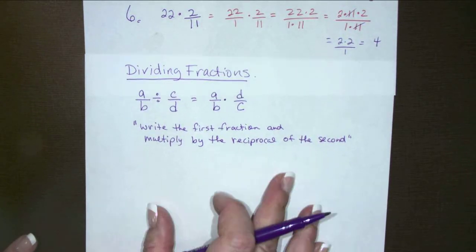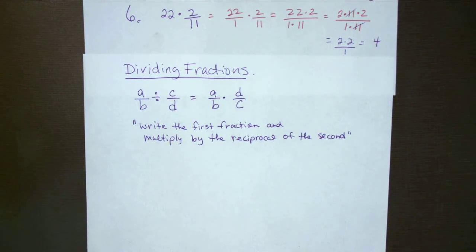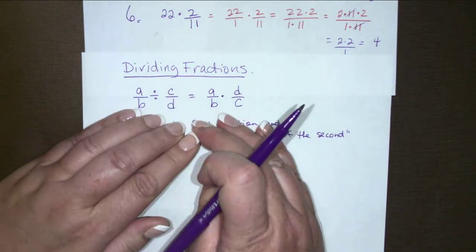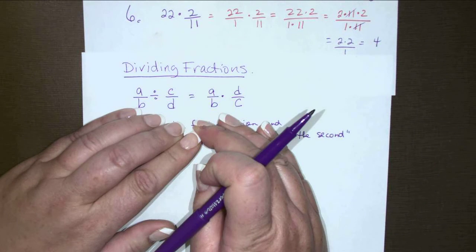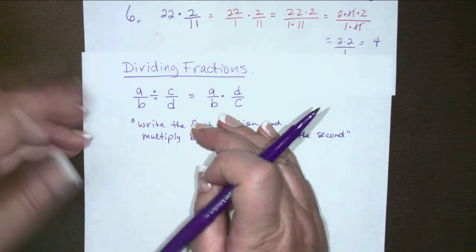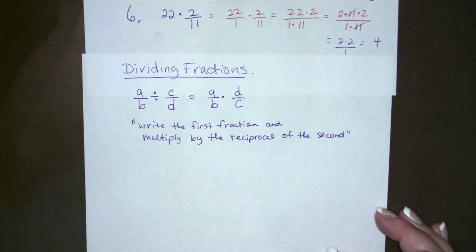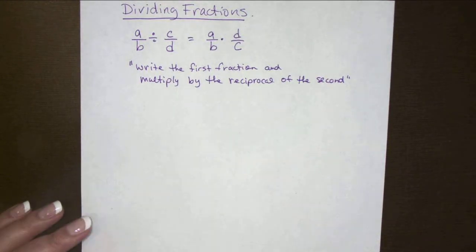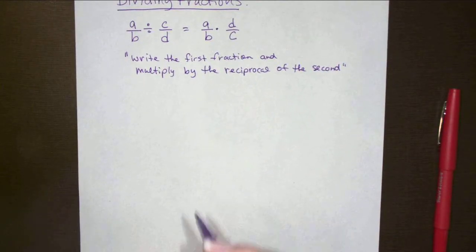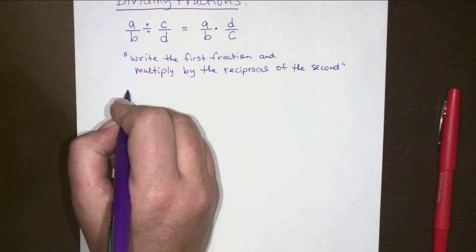Now, a lot of times, teachers say these things, but you never actually write them down as a rule. What you write down as a rule is that. And then you're trying to remember what that looks like rather than what it means. Okay? So that's one thing some people do that doesn't really help.